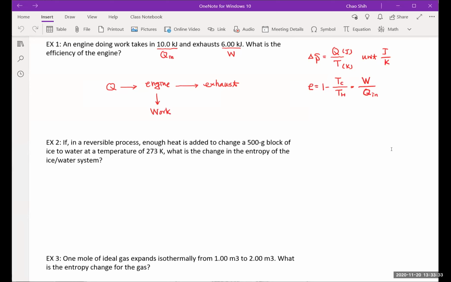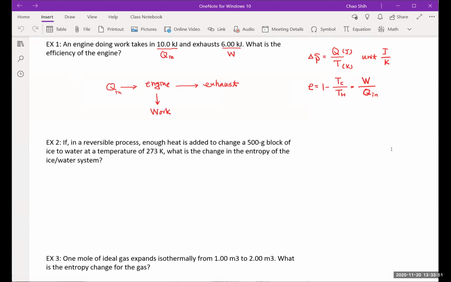So actually the exhaust is not the work. The exhaust is what you get, but the work is actually the difference between the heat and also the exhaust.